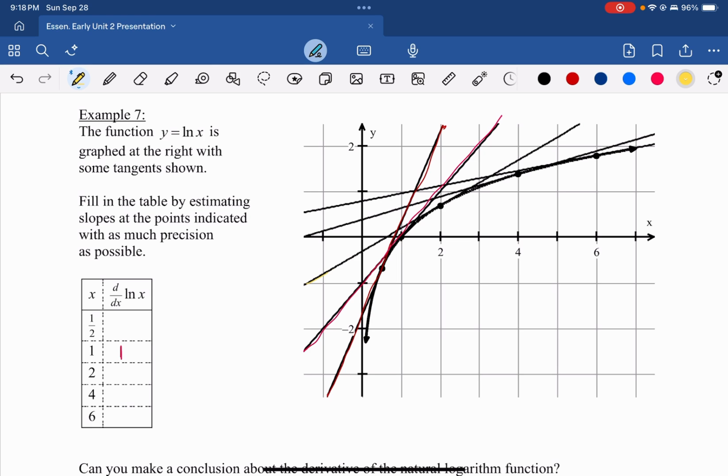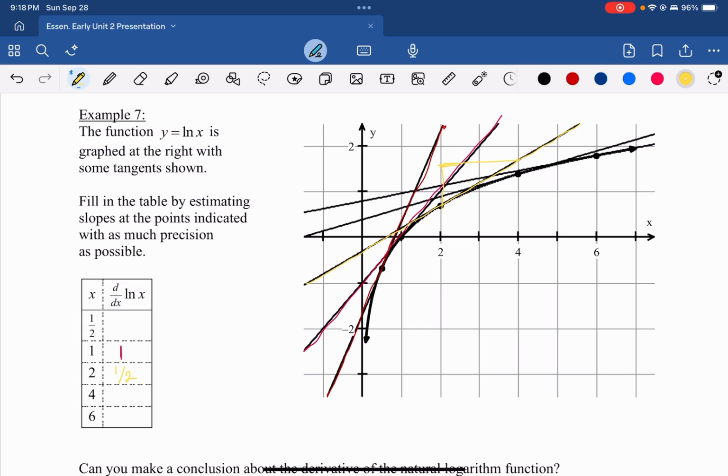Okay. At 2, looks like I go up about a half. Oh, wait, no, that's a 2. There's 1. Oh, yeah, 2. So at 2, looks like I go up about 1 and then over 2.